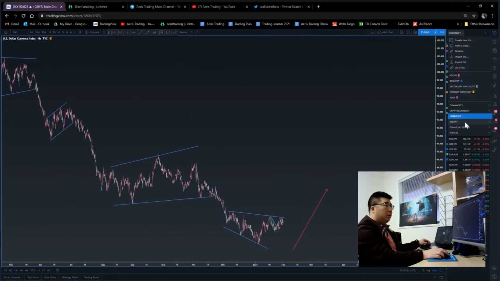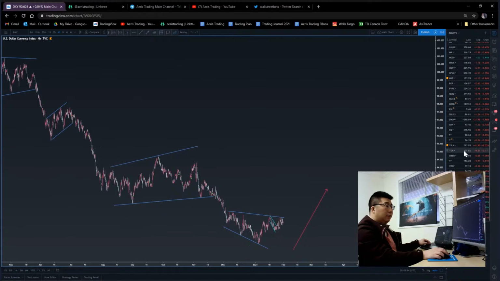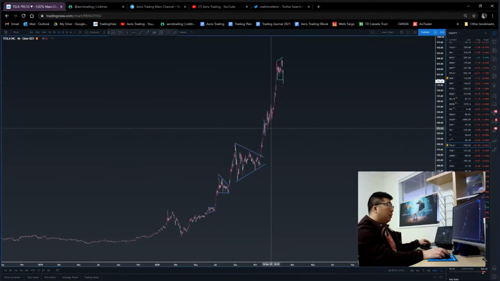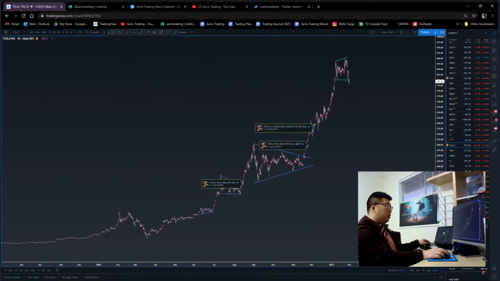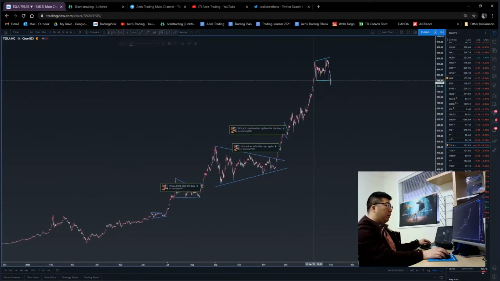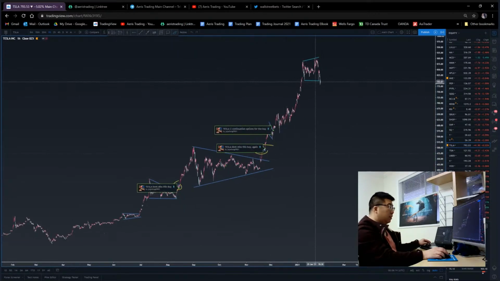Tesla. Let's talk about Tesla. Not seeing too much on Tesla. I kind of expect that once price pushes all the way up this strong, there's likely going to be a deeper correction, right? A deeper correction, and after the deeper correction, in my opinion, the same kind of approach in this area.